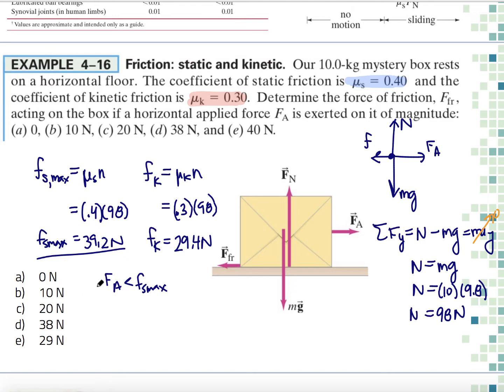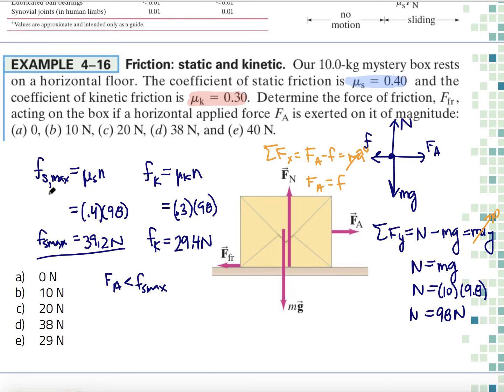So if I apply 0 newtons of force, the friction force is just going to be 0 because of this situation right here, where in the x direction, my applied force minus my friction force is equal to ma. So if I'm not moving, it's equal to 0, and my applied force is equal to my friction force.